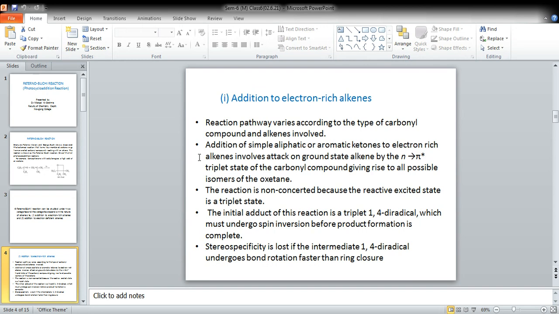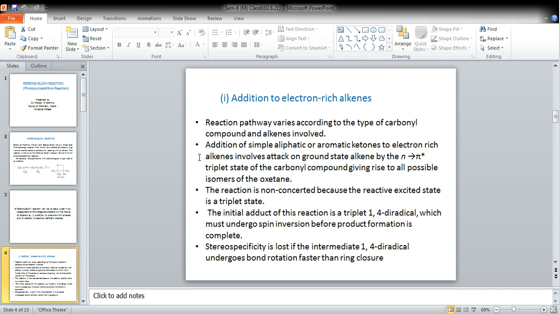So generally what happens if we have simple aliphatic and aromatic ketones, that particular ketone after absorbing light gives a transition. What type of transition? It may be from the non-bonding n to the anti-bonding π* orbital.